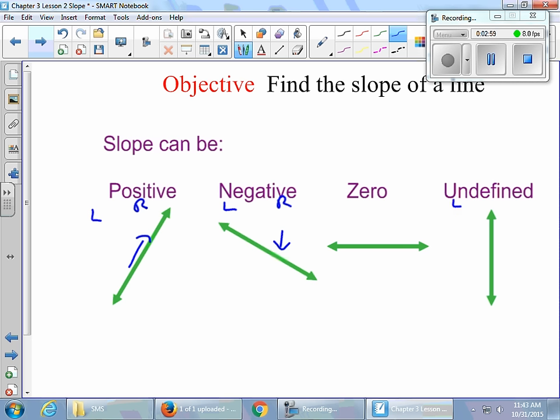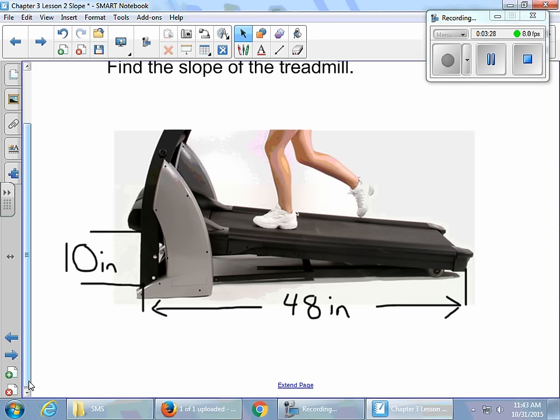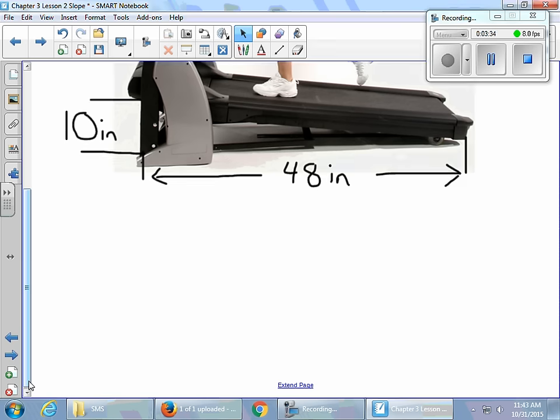Okay, let's get to some examples. Find the slope of a treadmill. Here we have a treadmill, and it is 48 inches long by 10 inches high. So first, as always, we want to write down our formula that helps us remember it.